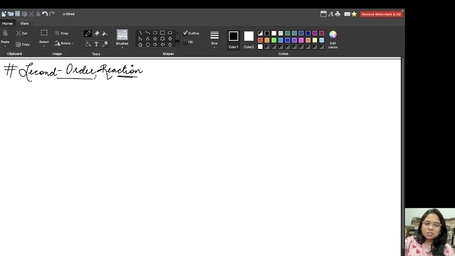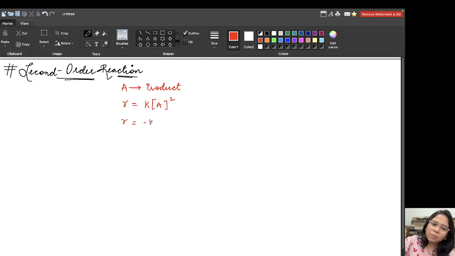Second order reaction. For the second order reaction, we are taking the same thing only. A is giving me product, and my rate R equals K A raised to the power 2, and I also know R equals minus 1 by 1 dA by dt. Both these equations I am equating, okay.